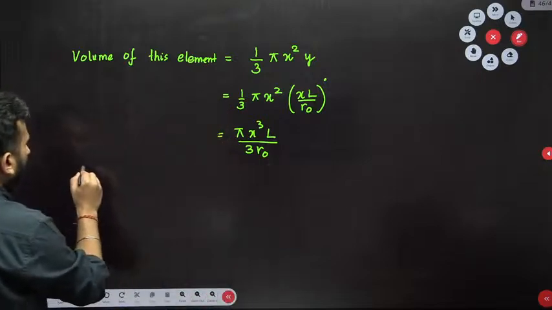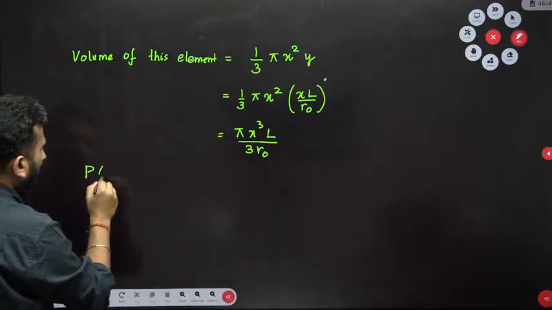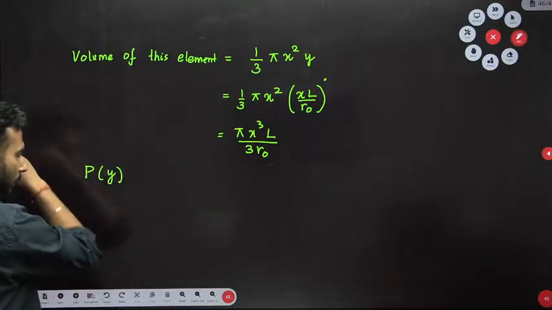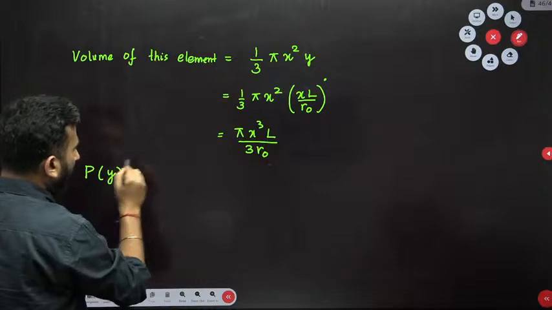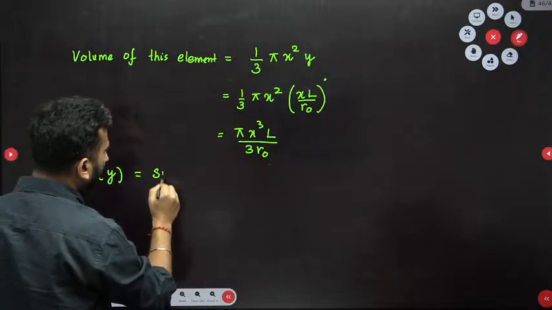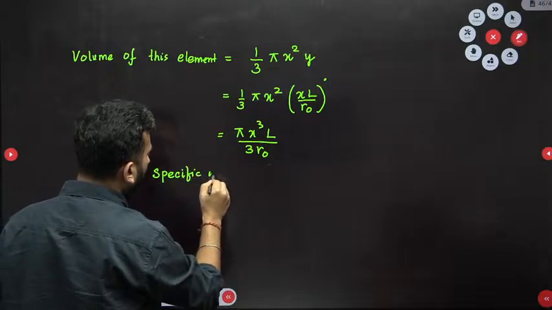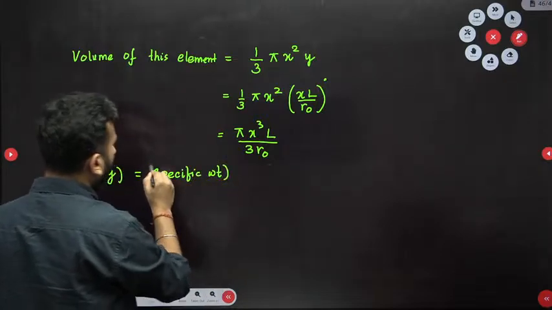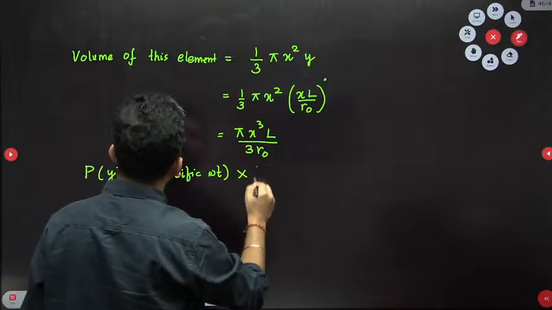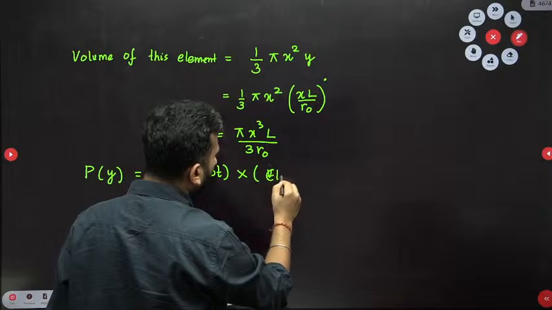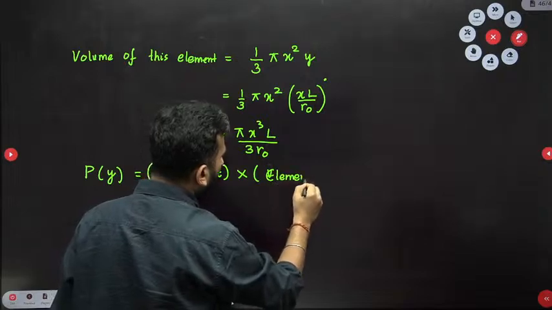And what is the load, or what is the P at y? This is the volume of that element. So actually the load applied is the specific weight into the elemental volume.